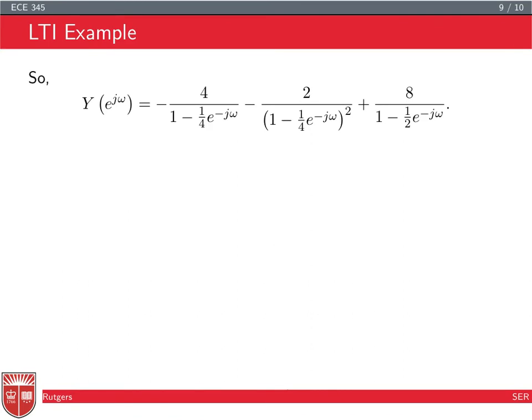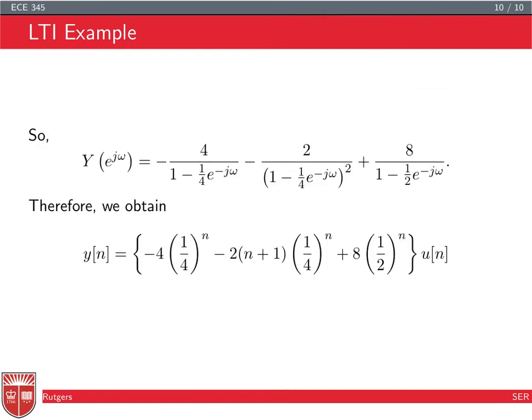Now that I have the DTFT of the output written this way, I can try to find the output in the time domain y[n] by inverting each one of these terms. If I do that, what I will get is the following. This term, let's call it in yellow, is easy because it's a geometric series, which is (1/4)^n u[n].